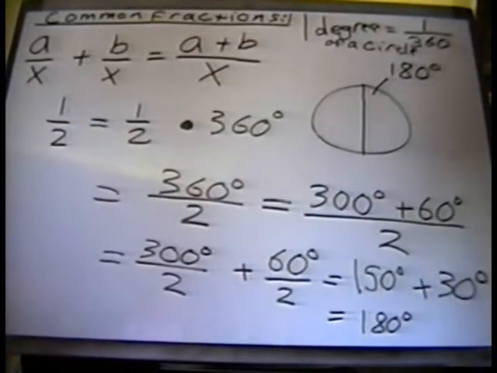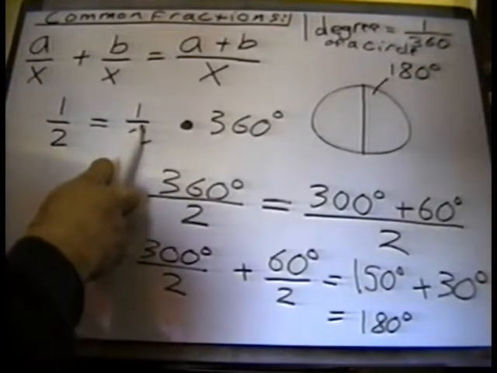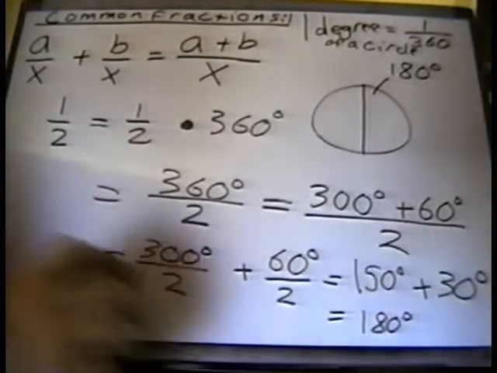Basically, because we say that a circle is 360 degrees. So if I want to say find the degree measure of 1/2 of a circle, I take the value of 360 and divide that, or multiply it by whatever fraction that we want to find of the circle.